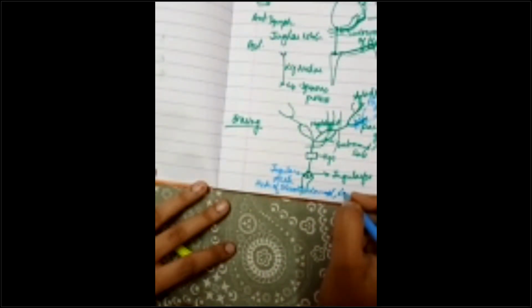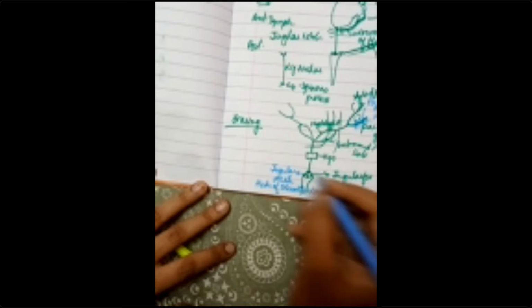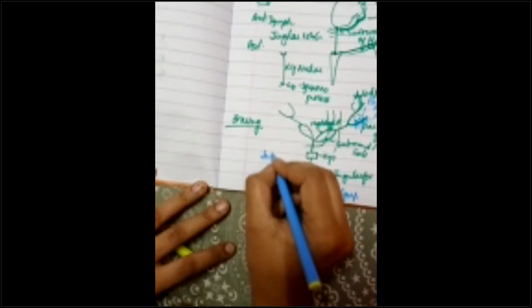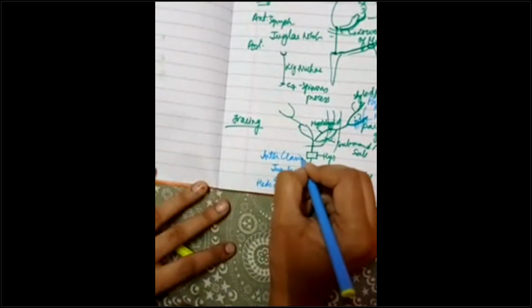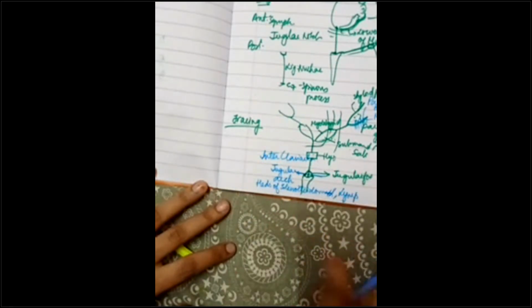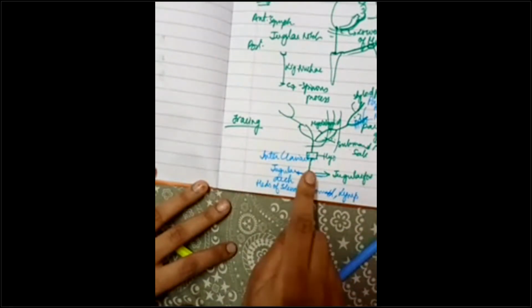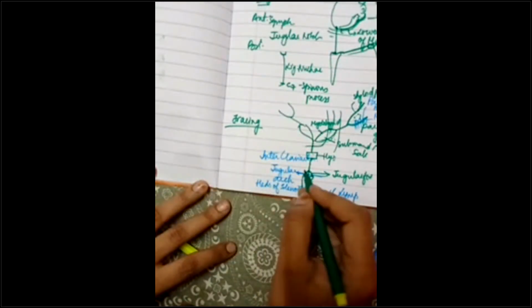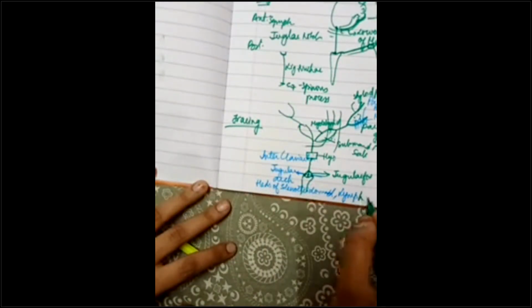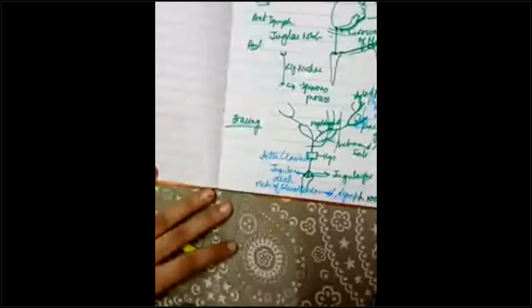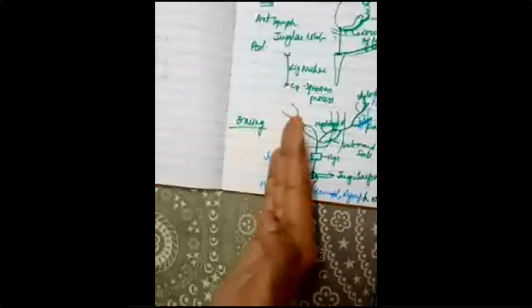Then your lymph nodes and the interclavicular ligament will be there. Hence you feel your jugular pulse here, right? So the contents are the jugular arch, heads of sternocleidomastoid, lymph nodes, and your interclavicular ligaments. Done.